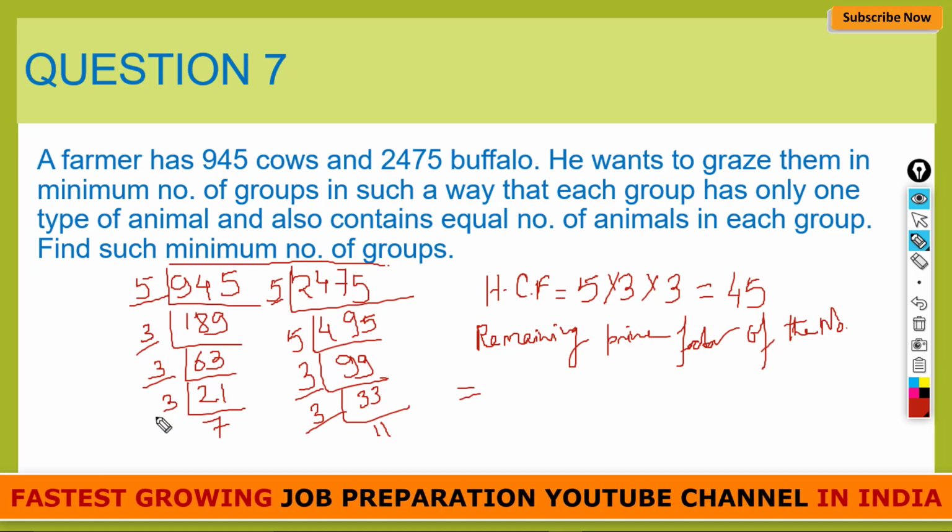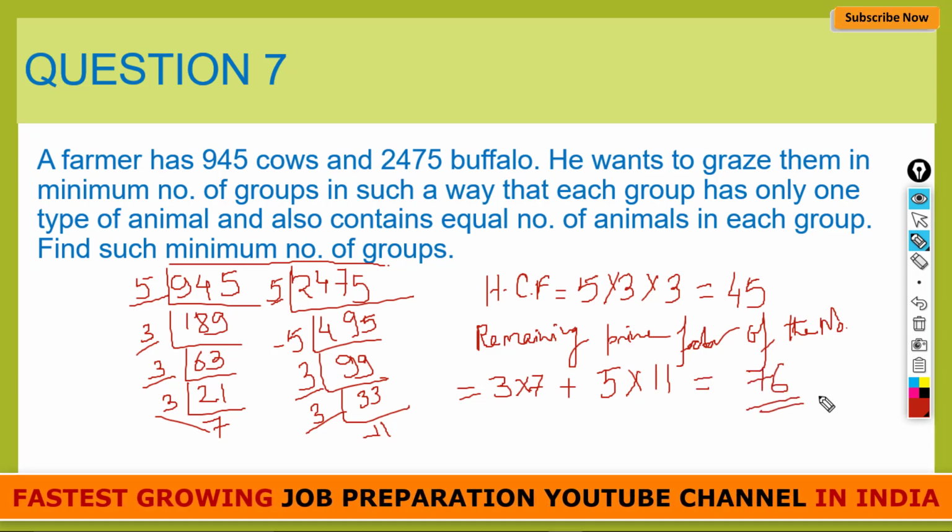Here 3 and 7 are left, so 3 into 7 is 21, plus 5 and 11 are left, so 5 into 11 is 55, giving 21 plus 55, which is 76. This is the minimum number of groups in which the animals will be divided. So this is our answer, and this is the last question of this video.